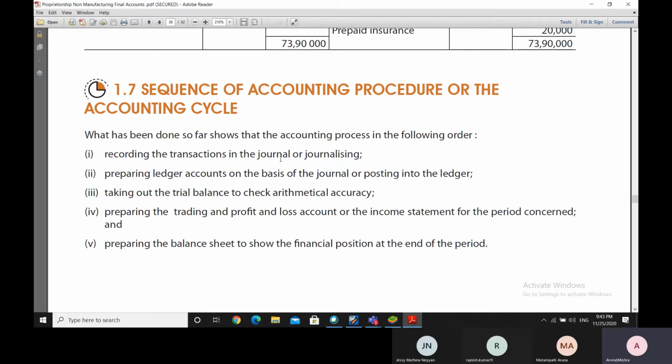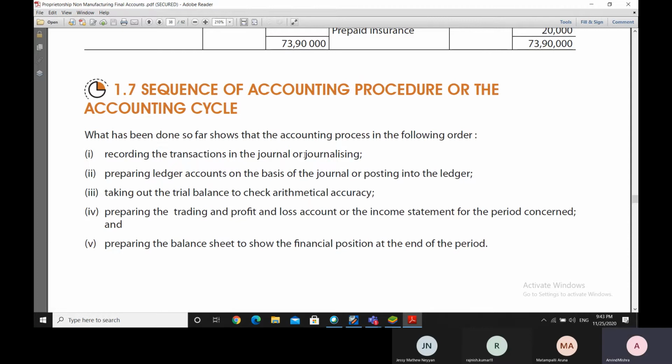While recording these transactions, we record them by way of a double entry. For example, if a payment is made from the bank account, we credit the bank account, and depending upon to whom the payment is being made, that person's account will be debited.